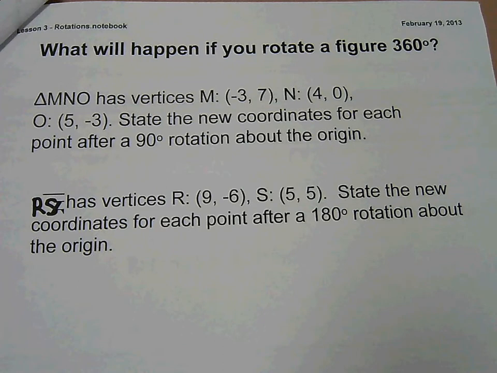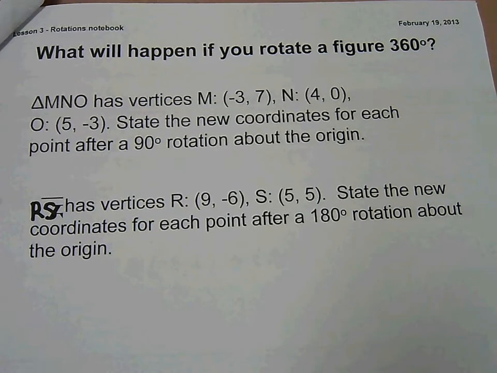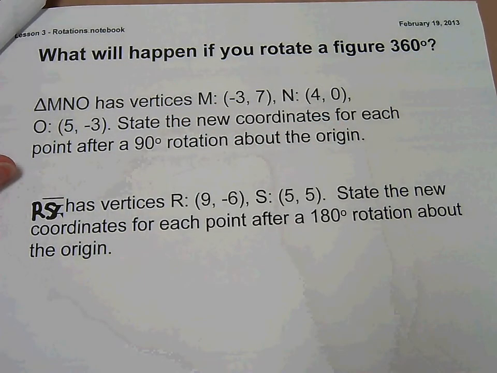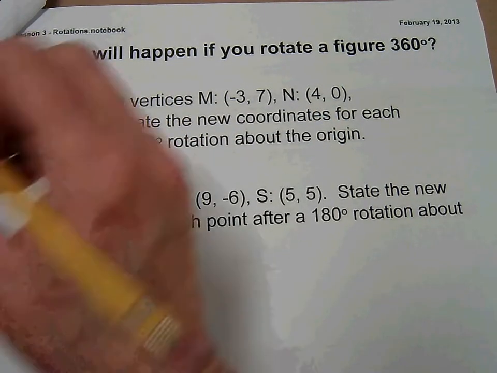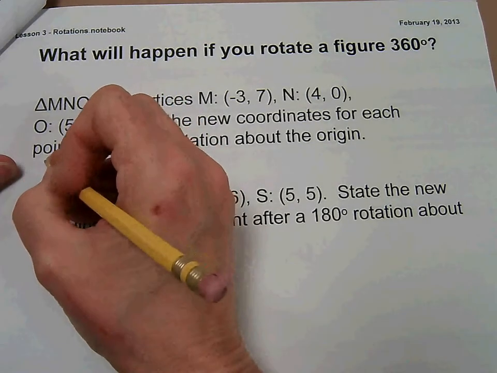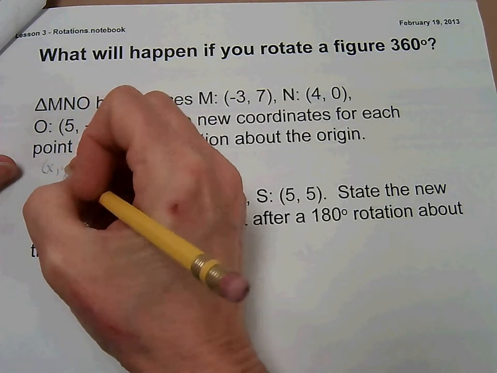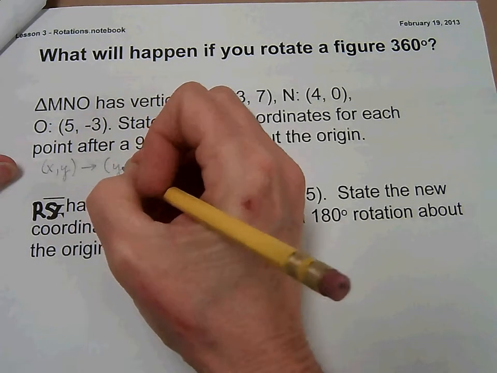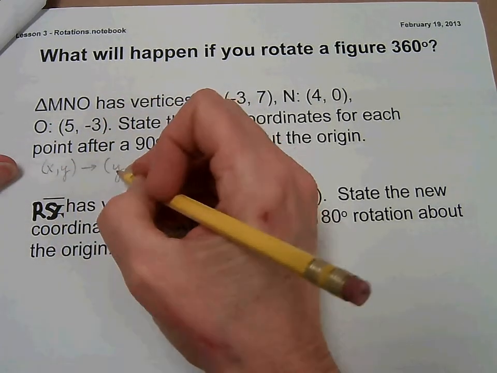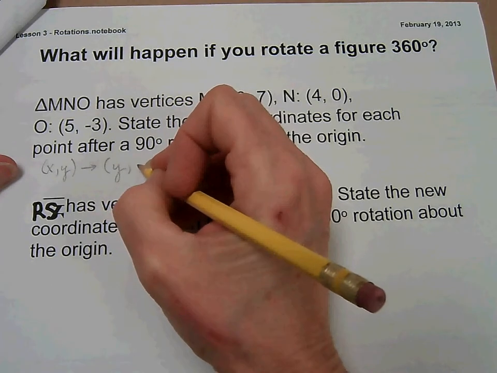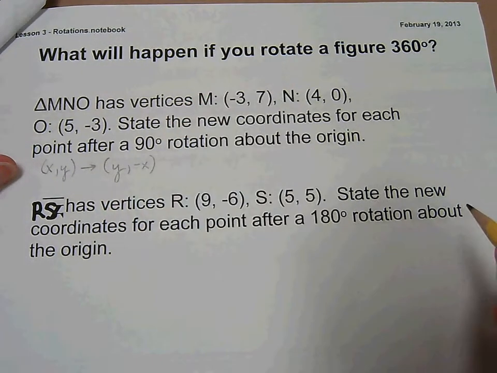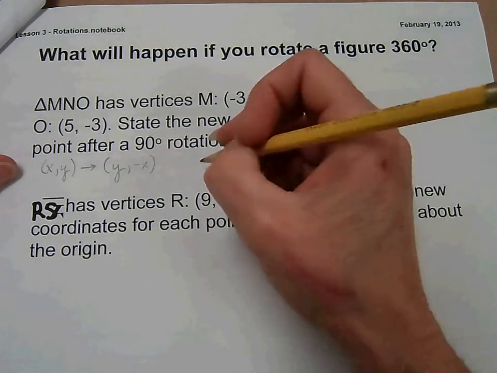Now, if you found the rule, you should have found that when you rotate counterclockwise around the origin 90 degrees, then whatever was your x and y coordinates, the old y is your new x, and your new y is the opposite sign of your old x.